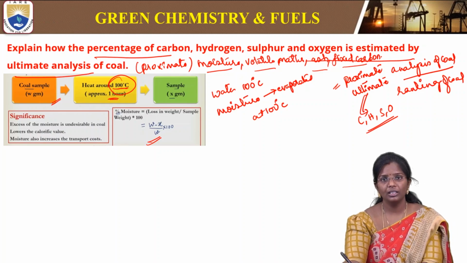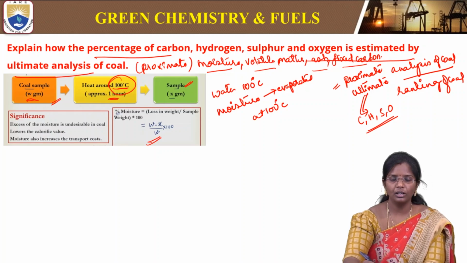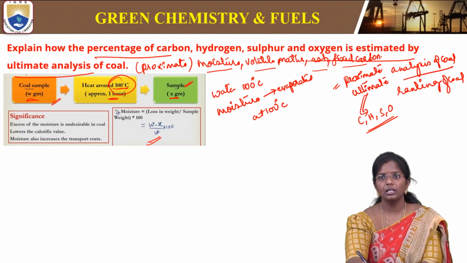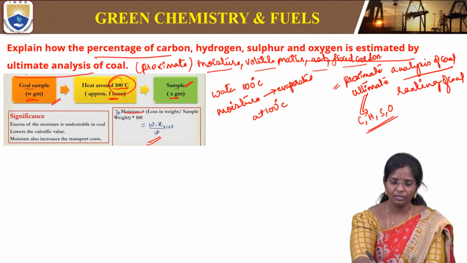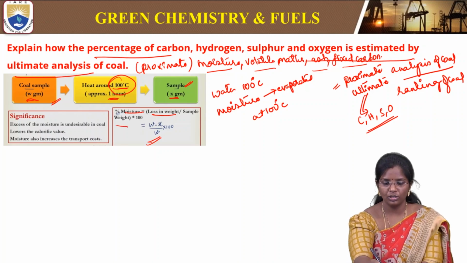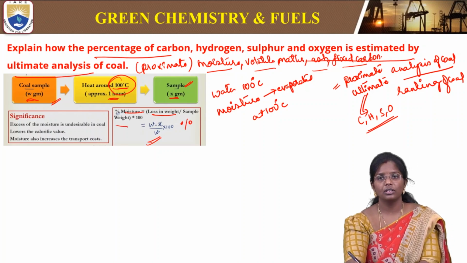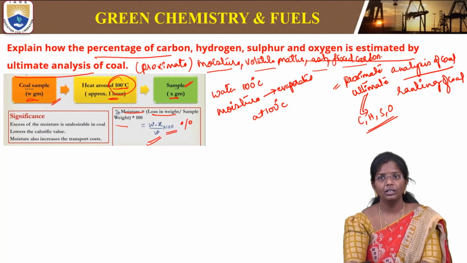Then we weigh the sample: before heating the weight is W, and after heating it is X, the weight of the sample after the removal of moisture. So the percentage of moisture is given by weight loss by sample weight into 100. So that will give it in percentage, because we are multiplying with 100.